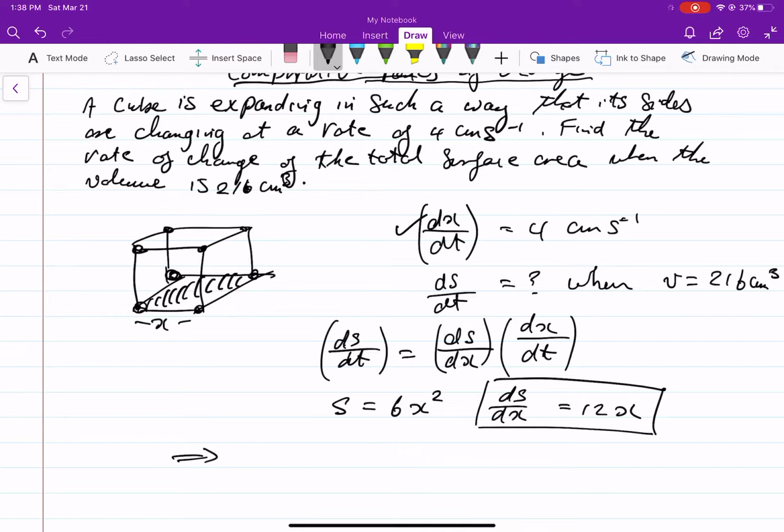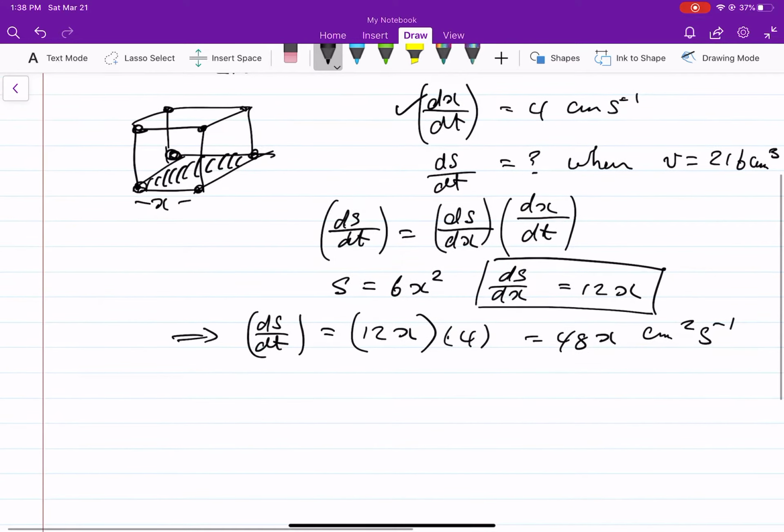If I plug into my chain rule, therefore, the rate at which the surface area is changing, dS/dt, is equal to dS/dx, which is 12x, times dx/dt, which they gave me as 4. That's 12 fours, that's 48x. The units would be cm squared per second.